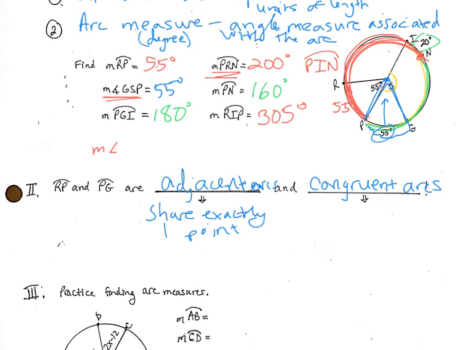For instance, RP and RG are not adjacent. They still share 1 point, but they share a lot of other points. So PR and PG share only 1 point, not more than 1 point. So that's what adjacent means. And congruent arcs, they are obviously arcs with equal measure.